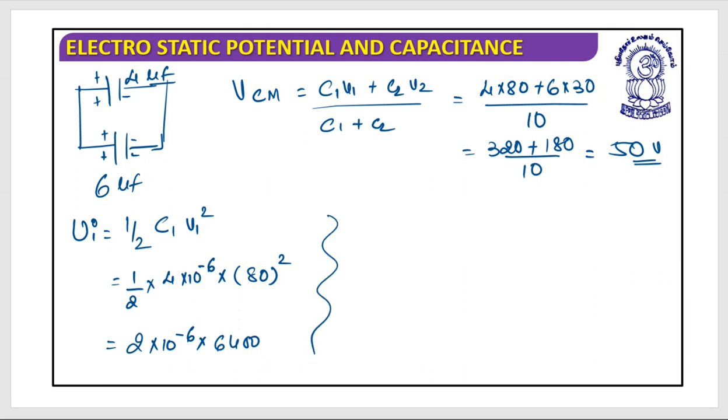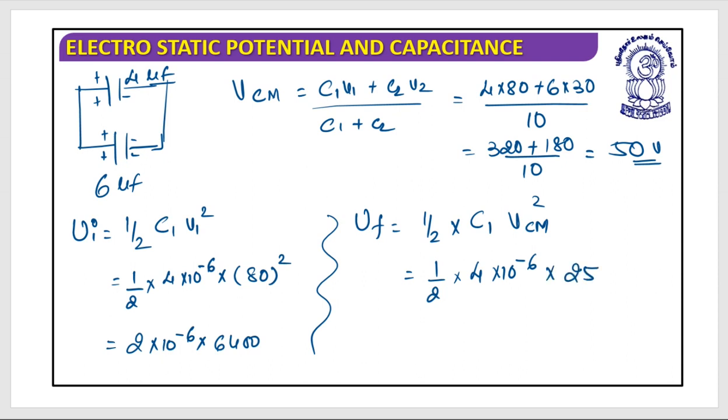The final energy of the capacitor is half into C1 into, now it is at the common potential, VCM square. So this equals 1 by 2 multiplied by 4 into 10 to the power minus 6, multiplied by 2500, which is 5000 into 10 to the power minus 6 joule.